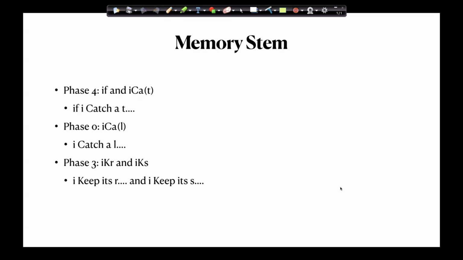Now, how are we going to remember all this? There are different ways of memorizing it. This is something a bit silly, but it's what I use to memorize the currents, and you can use your own technique. Once you have this memory stem, you just repeat it to yourself, and after many repetitions it becomes part of your natural memory process.